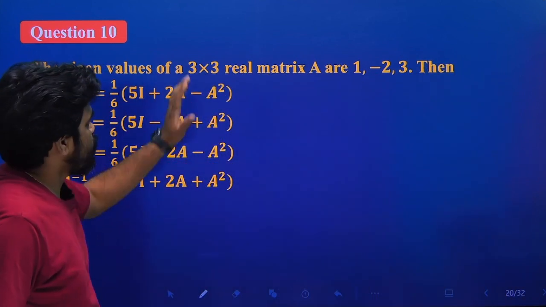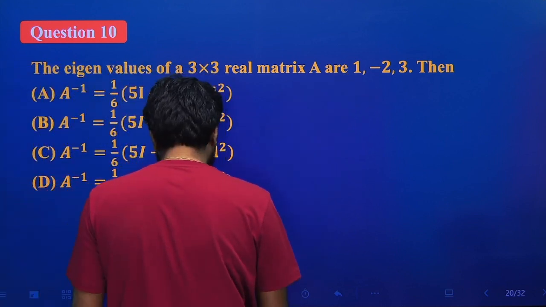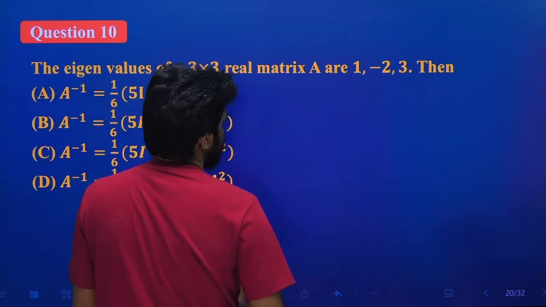the eigenvalues of a 3 cross 3 matrix are 1, -2, 3. So what is the characteristic equation?